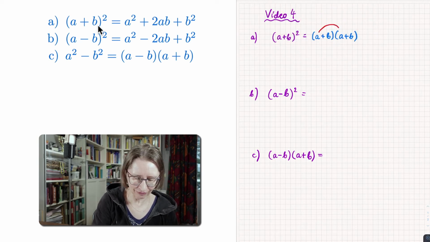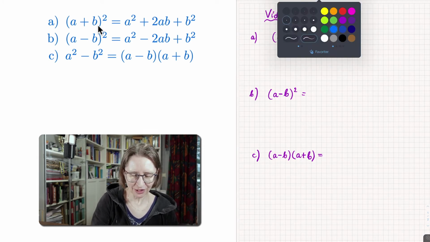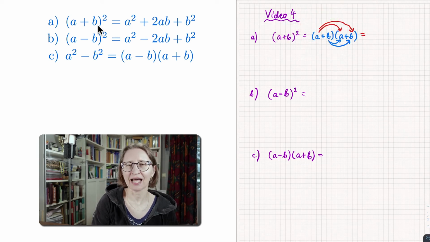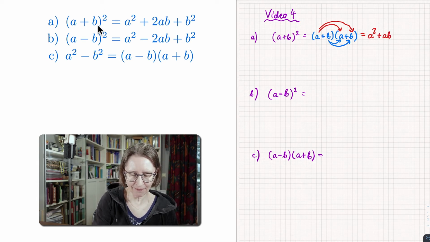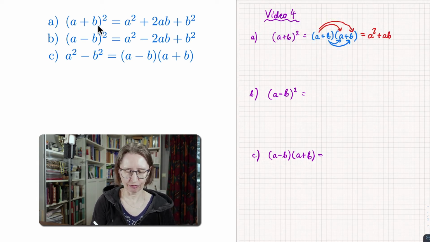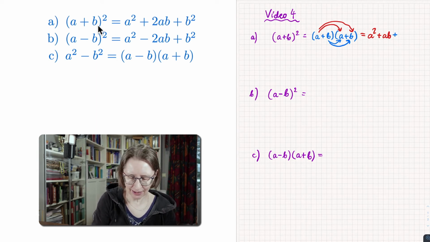I know that I have to perform my multiplication in this way and here later in this way. And this will give me first a times a is a squared, then a times b is ab, and then I continue with ba plus b times b is b squared.